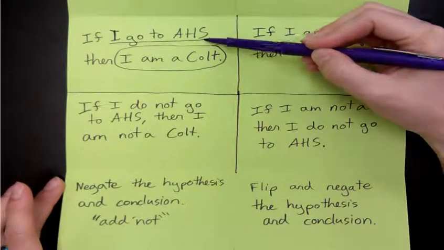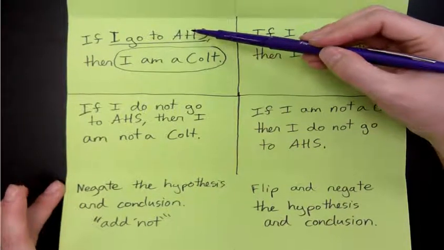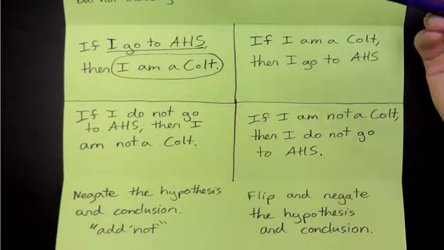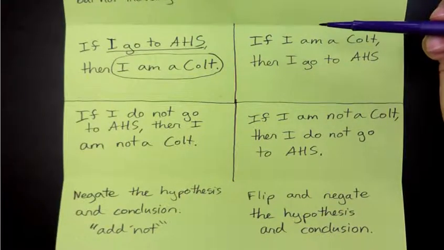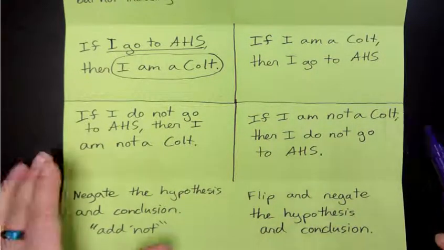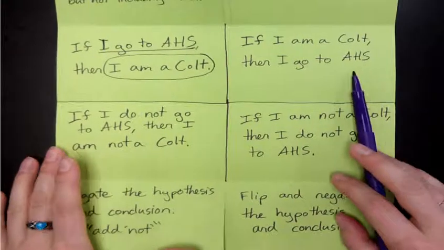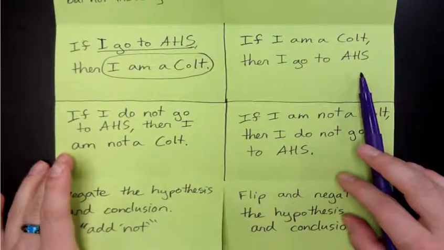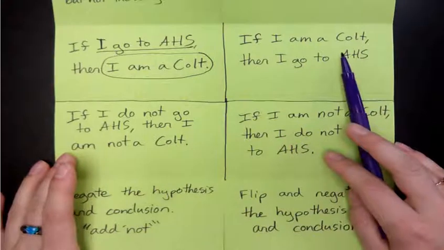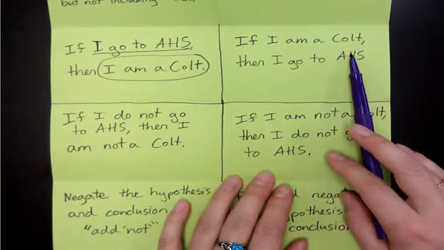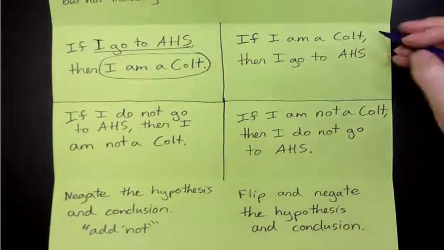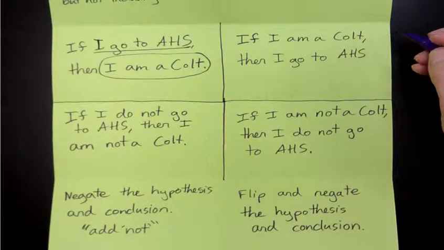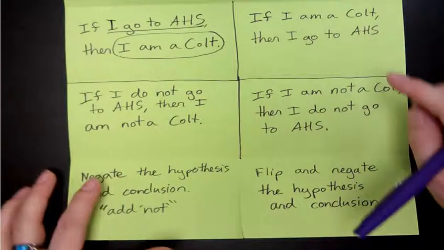AHS is a pretty general thing, so there's probably quite a few other places. So, yeah, Austin High School, Arlington, Virginia High School. Yep. All right, how about the second one? Even if the first one is true, would the second one necessarily be true? There could be other cults. Yeah, lots of schools could have cults, so not necessarily true. And so same thing of these.